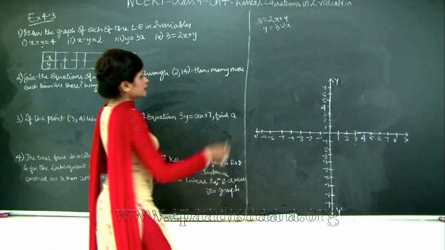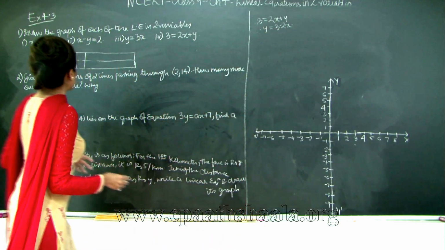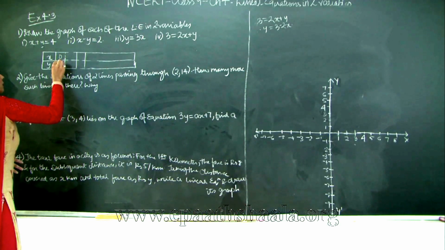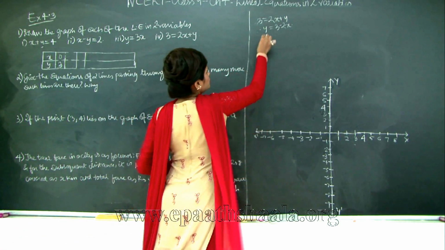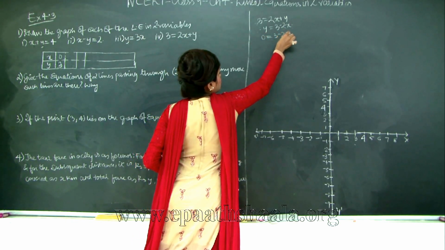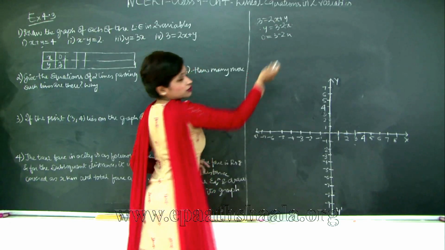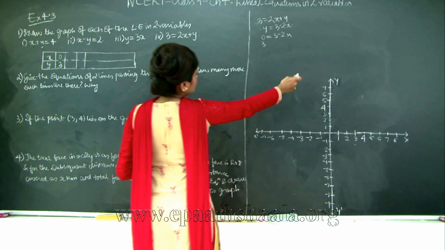So I'll say for x is equal to 0, y becomes 3. And when y is equal to 0, what do I get? 0 is equal to 3 minus 2x. Therefore, okay, I'll get some fraction.